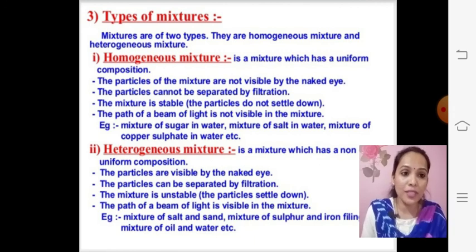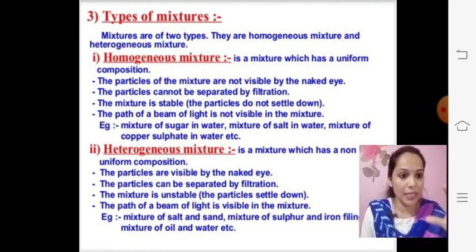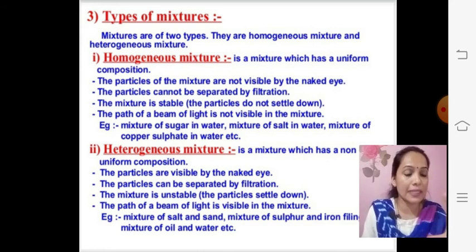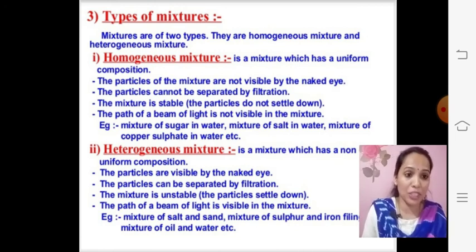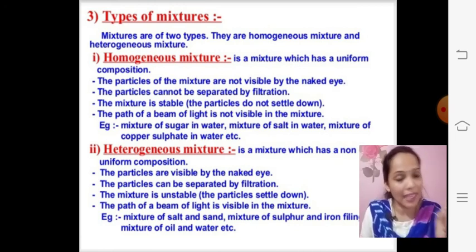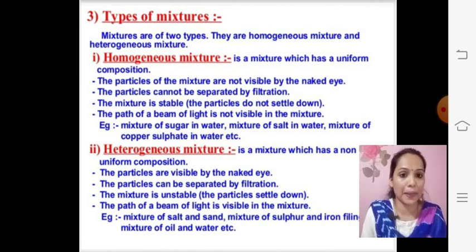So, this shows that the particles are seen through our naked eye. It changes the color, and it looks homogeneous, but it is not homogeneous. So, you can say that heterogeneous mixtures are mixtures wherein particles can be seen through our naked eye.